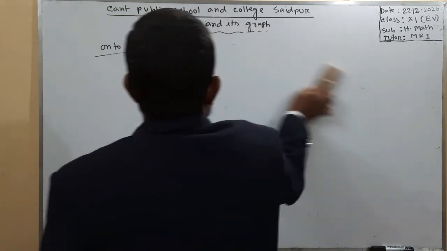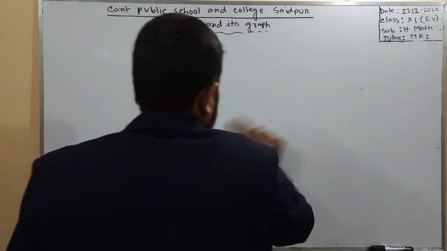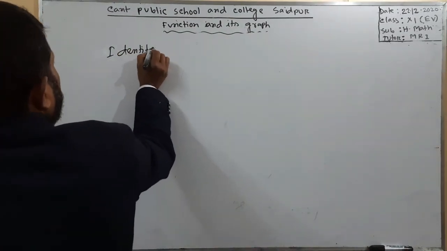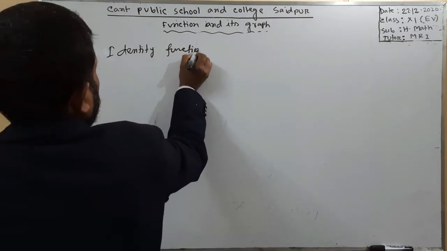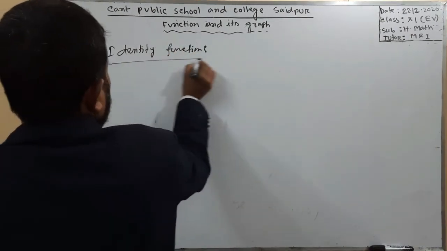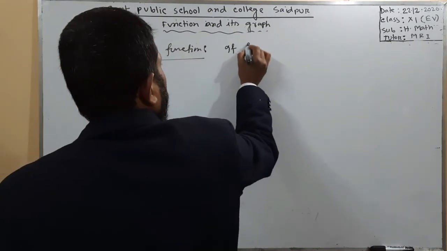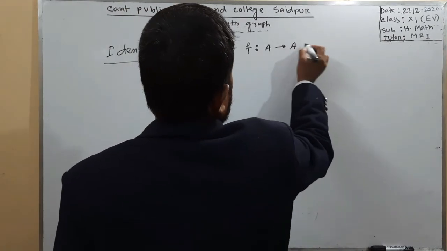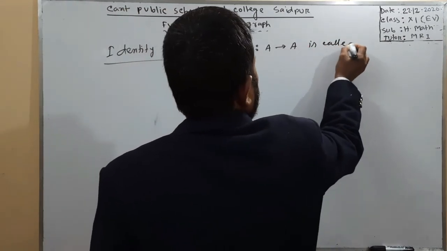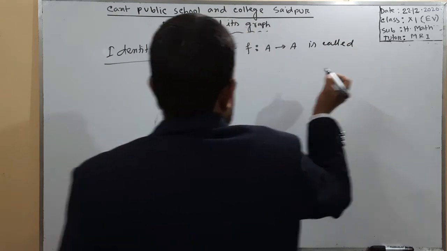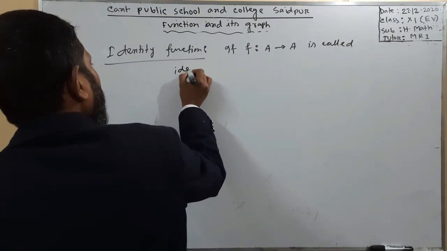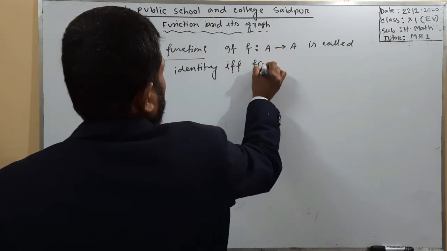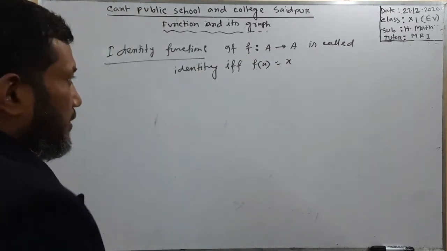Now, identity function. If f such that A tends to A is called an identity function if and only if f of x is equal to x.